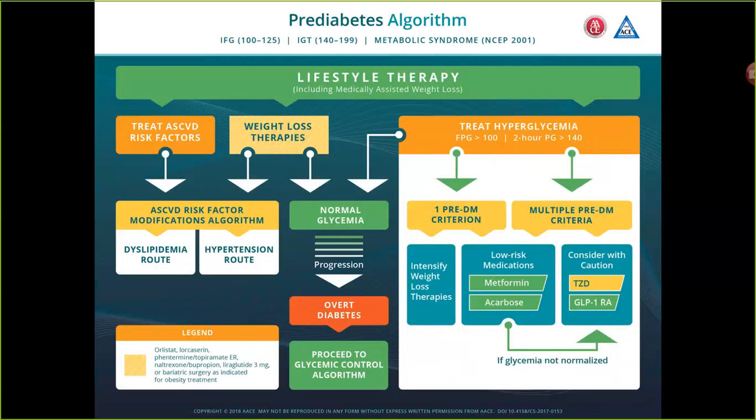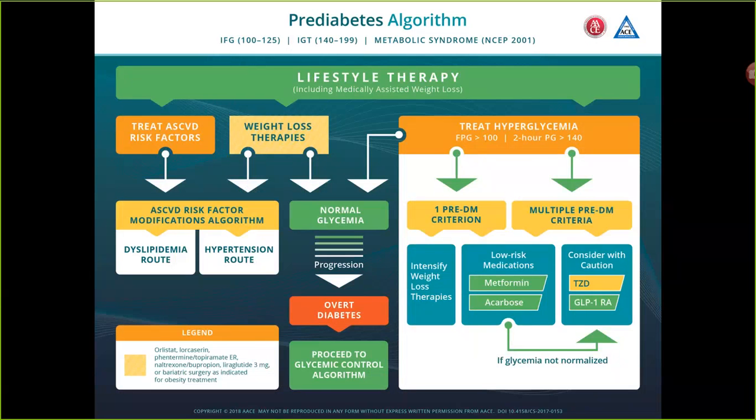They have included an algorithm for prediabetes. Up at the top, it defines what the ACE has for prediabetes, and they go off of impaired fasting glucose or impaired glucose tolerance. And then from an A1c perspective, that's patients who have an A1c in the 5.7 to 6.4 range.